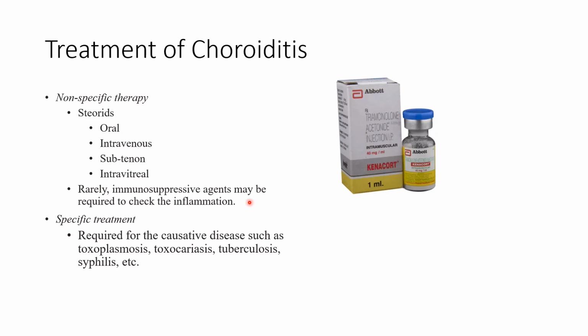Now coming to specific treatment, when it comes to the infective causes like toxoplasmosis, toxocariasis and tuberculosis, there are specific treatments needed to be given to these patients so that the pathogen can be taken care of, apart from the anti-inflammatory agents which are mentioned here.